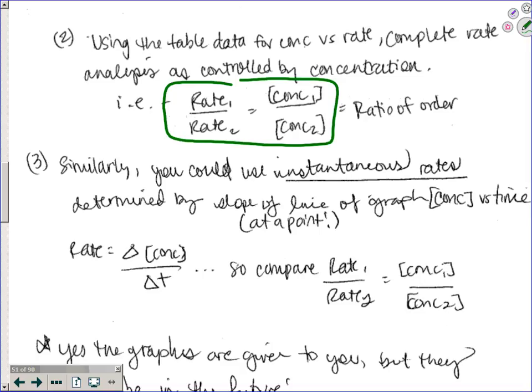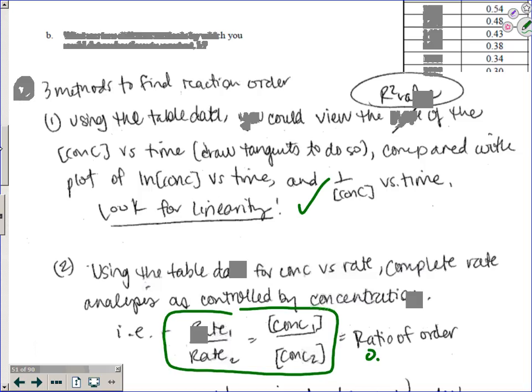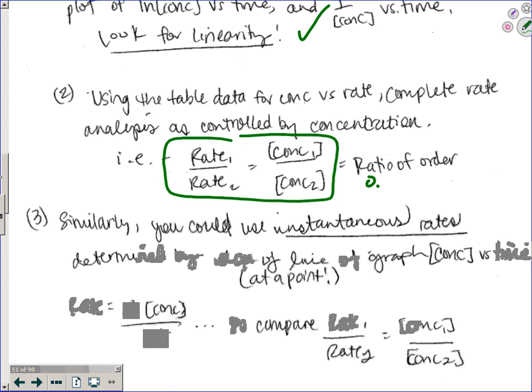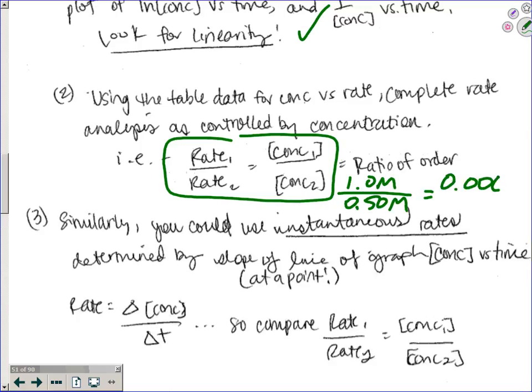So for example, what was it, point 1? Yeah, so 1.0 and 0.5. Okay, so for this one it was 1.0 molar over 0.5 molar, and the rate was like 0.0006 or something like that over 0.0003. I might be off a 0. These were molar per second.